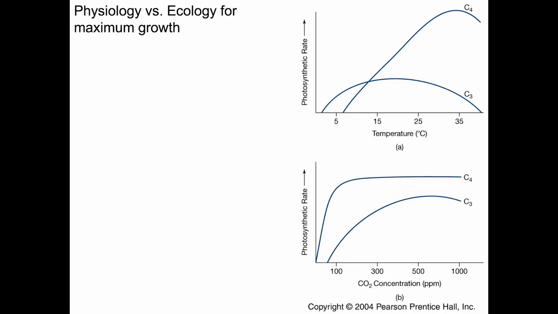Now the photosynthetic rate, this is something we've looked at before, is here relative to the CO2 concentration in parts per million. Right now we're sitting at about 420, 425 parts per million CO2, so you're right about here. And at that high concentration of CO2, C4 plants are more competitive.